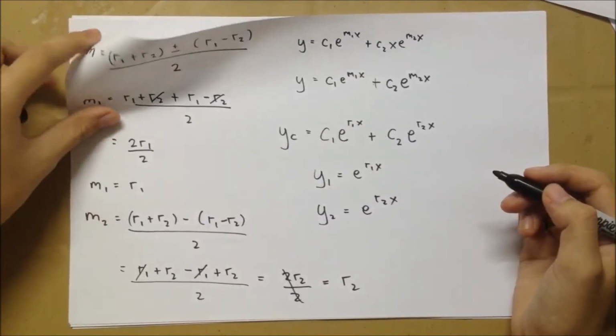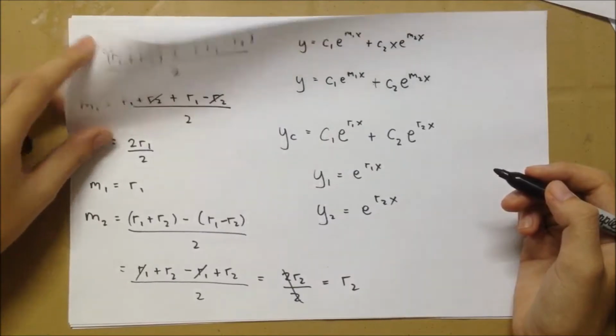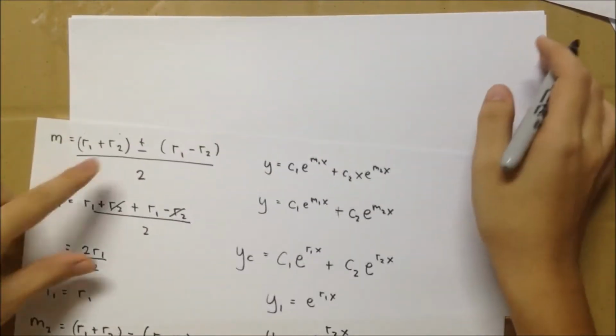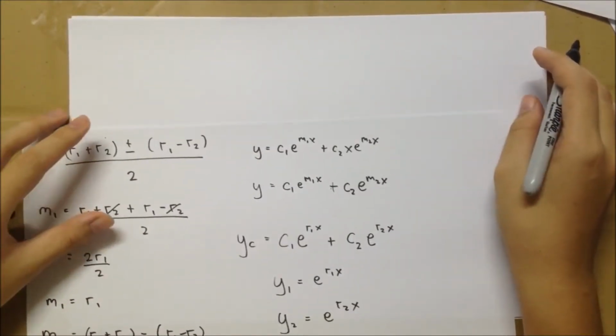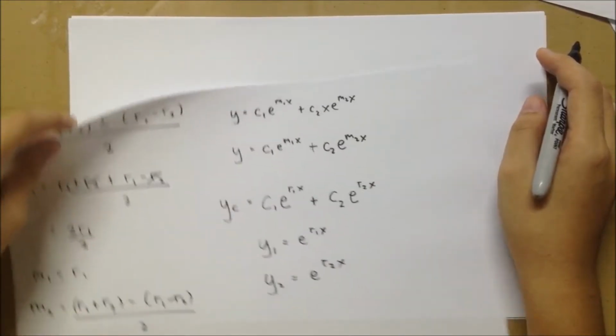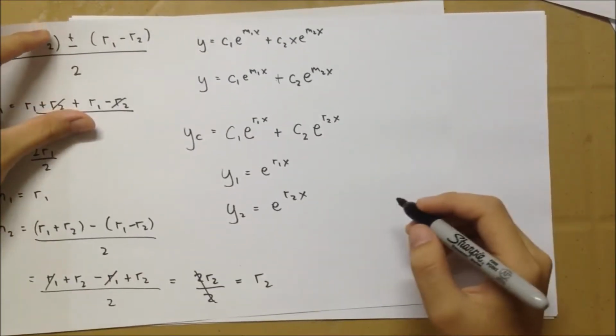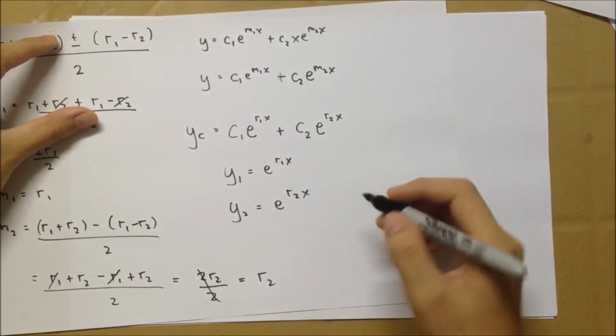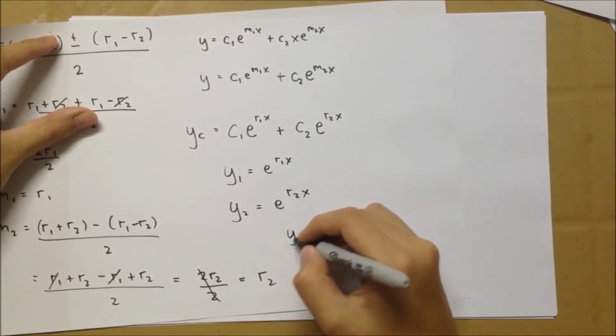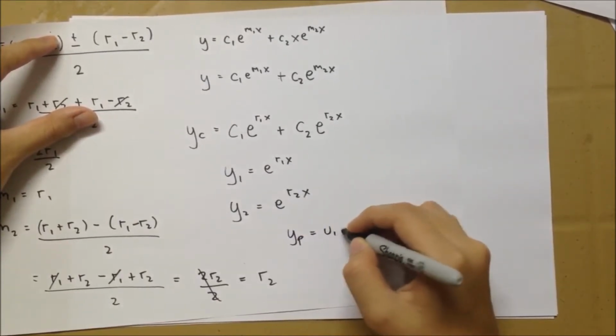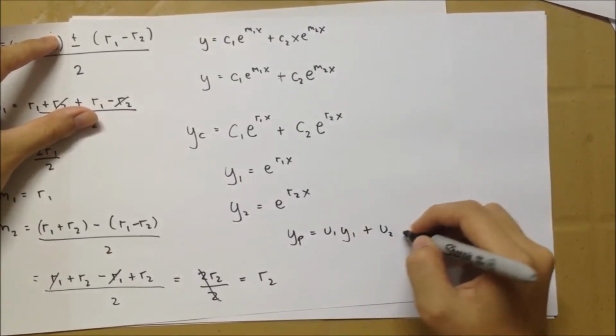Now, the next thing we're going to do is use the Wronskian in order to find the values of our u1 and u2, because we are aiming to get the particular solution of this differential equation, having the form yp equal to u1 y1 plus u2 y2.